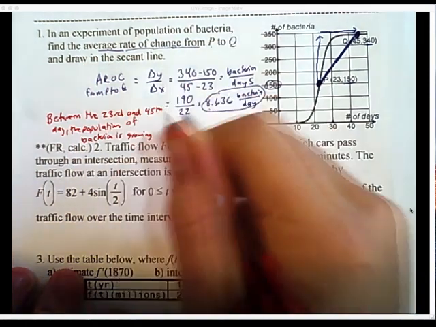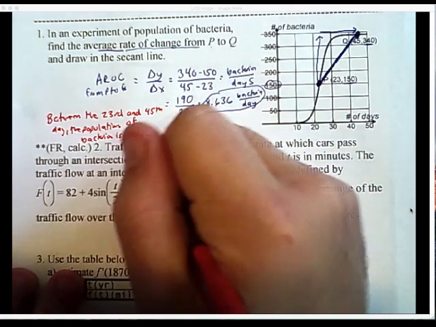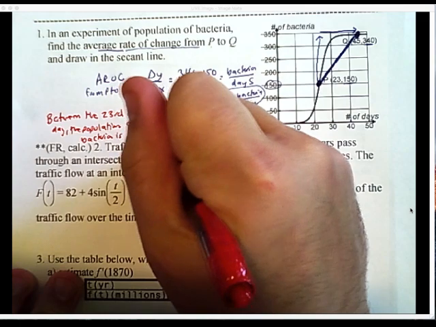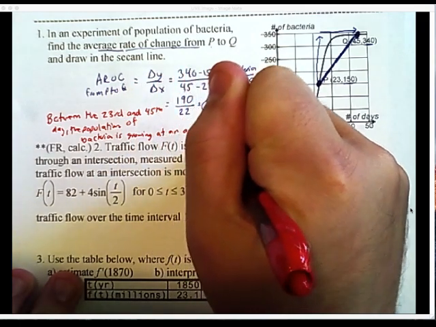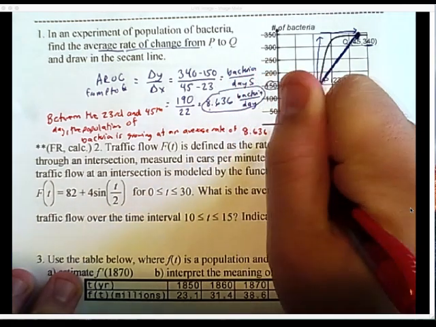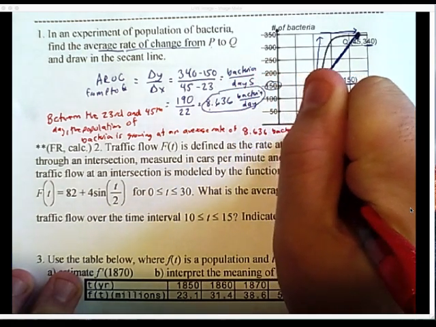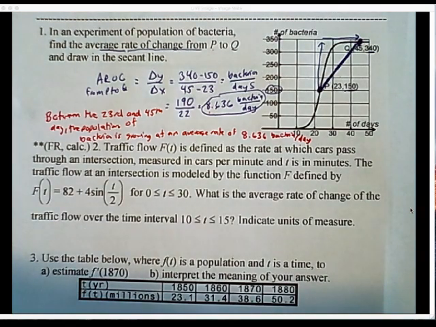If it was negative, it would mean it would be declining. So the population of bacteria is growing at an average rate of 8.636 bacteria per day. That's the meaning of it.